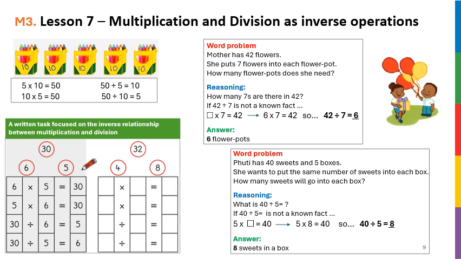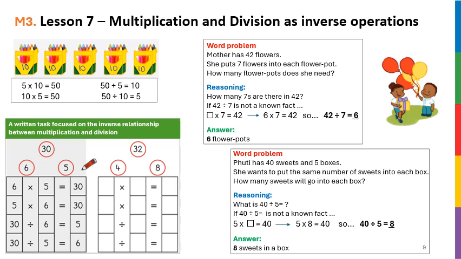And thinking of times tables is usually easier for learners. And 5 times 8 is 40, so that means 40 divided by 5 is 8. Can you see how we started with a division problem?